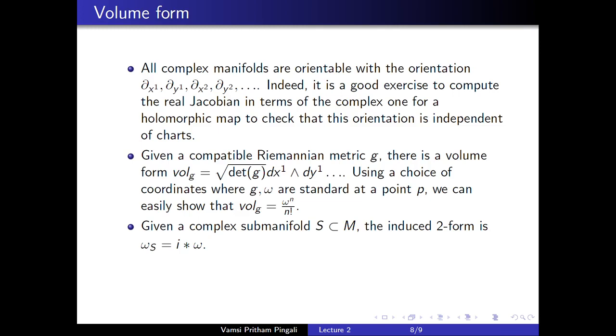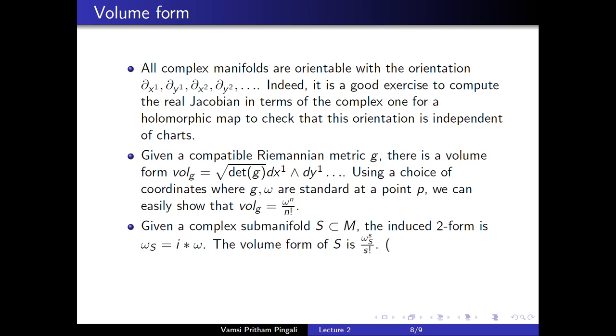Now, shockingly enough, for complex submanifolds, if you take the induced metric, firstly you can prove that the induced 2 form, I'm sorry, this should have been the pullback, is simply the restriction of this form omega to S. It's not very hard to check this.